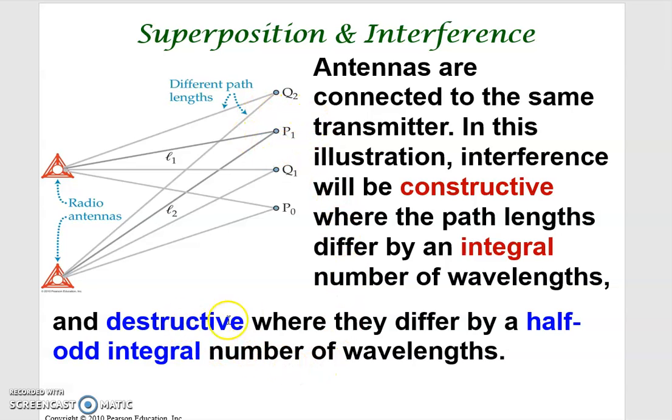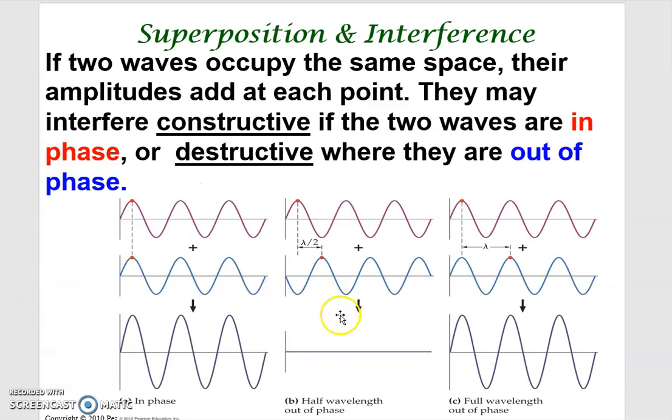And how about the destructive interference? That happens when the difference of the path length is a half-odd number of the wavelengths. For example, 1/2, 3/2, and 5/2, this kind of number. So you can consider the difference of the 2 phases is half of the wavelength.